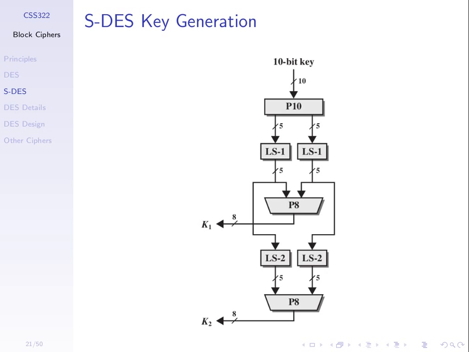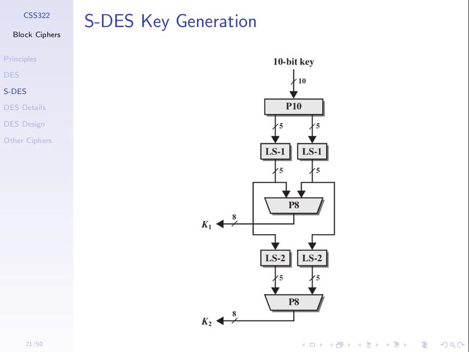In fact, we'll treat it as two different halves, the left and the right half, 5 bits at a time. Then we'll do a left shift on each half. LS means left shift. Shift the bits to the left by one position. So with 5 bits, move them to the left, where the leftmost bit will become the rightmost bit. It'll wrap around. We do it on each half, and then we'll feed them in and do another permutation, P8.